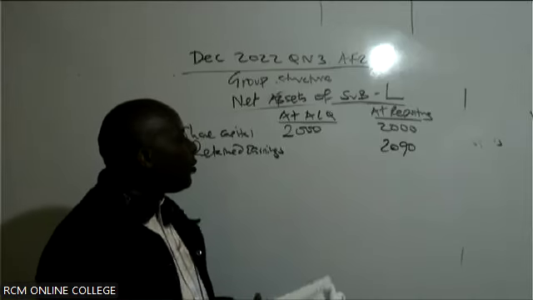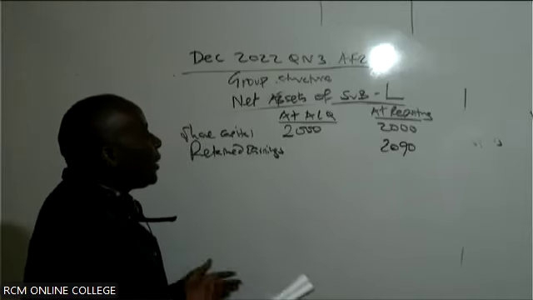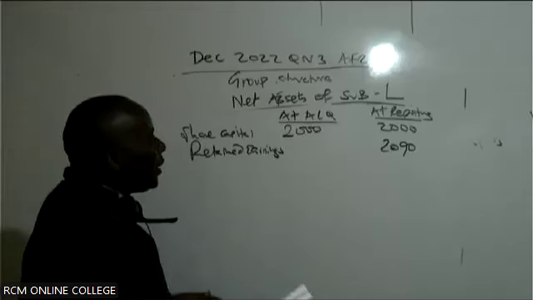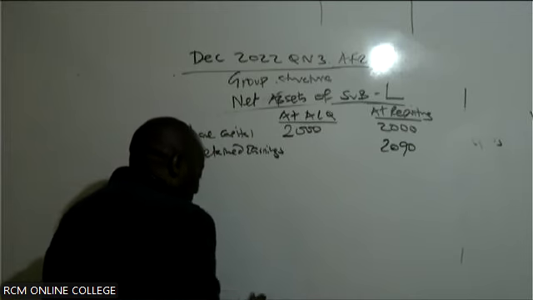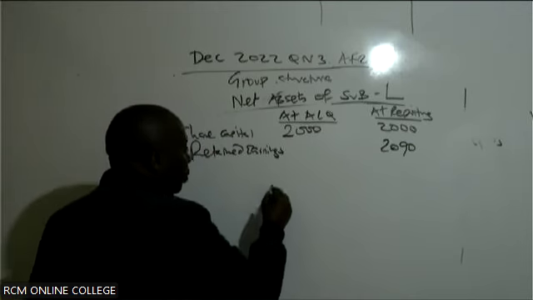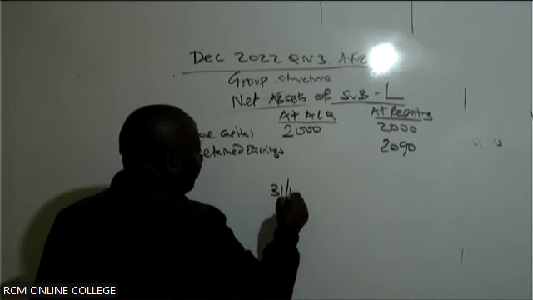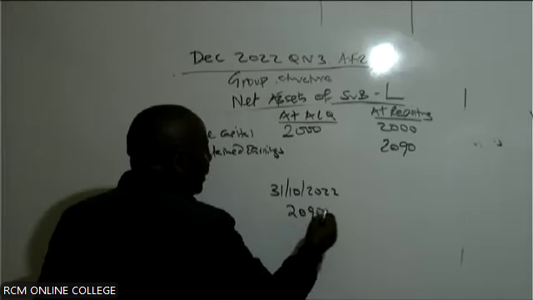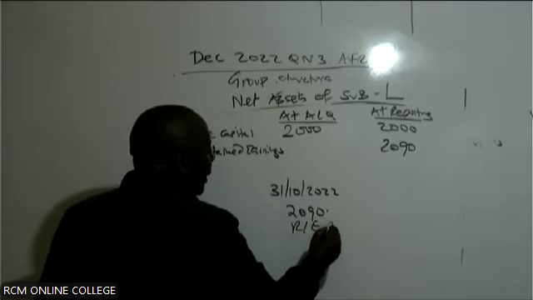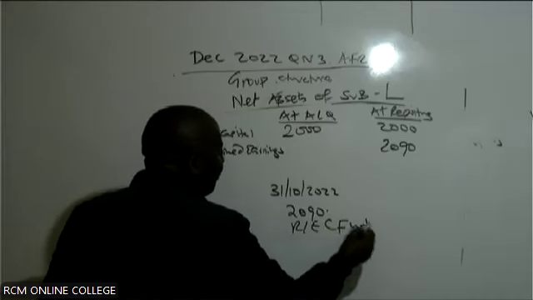And then now we have retained earnings at acquisition. The examiner never gave you retained earnings at acquisition. Remember our reporting date here is 31st October 2022. So I have retained earnings here, 2090, which are the retained earnings carried forward.